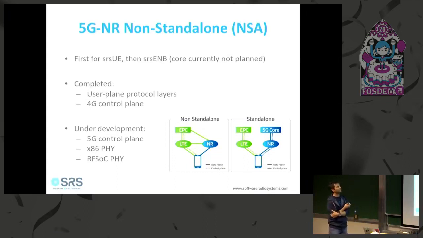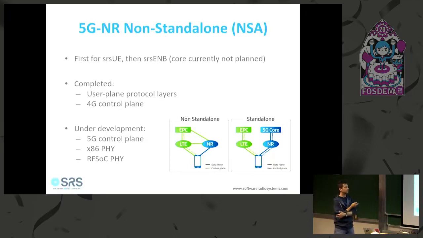As with most of our developments, we are focusing on the UE first. So this will be added in the beginning, and then later on the eNodeB. What we have done so far is the user plane protocol layers, like all the extensions to MAC, RLC, PDCP. They're pretty much done. The full control plane is there for non-standalone, so announcing that my phone is able to speak 5G and the other things you need to do, and that's all there.